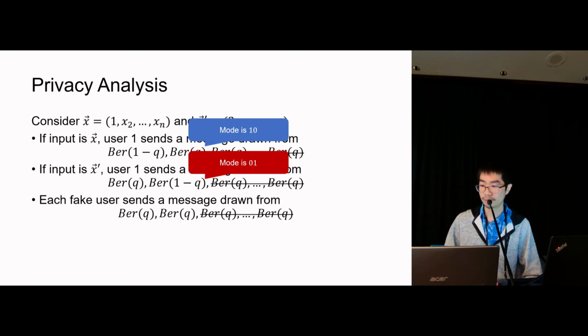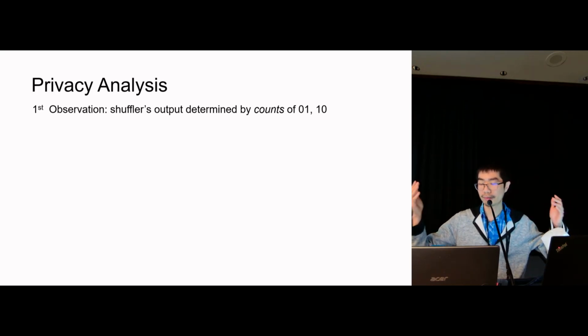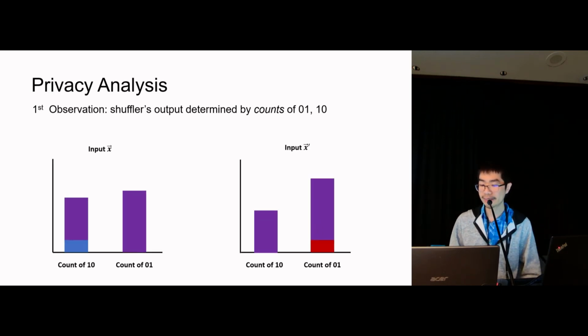Given this, how does our privacy analysis work? Well, we start off with the observation that the shuffler's output is determined by counts. So it's an unordered collection of messages. All we really have is a histogram of the frequency of messages, and we can represent this as a bar chart.